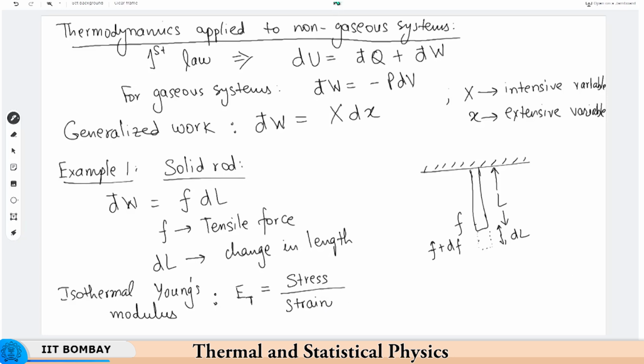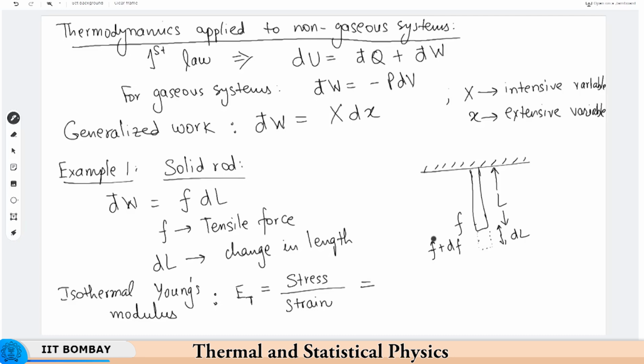So, how do we define it? Remember, say at a certain force F, the length of the rod is L. If I give a tiny increment to this force dF, the length increases by dL. So, I can define my stress.